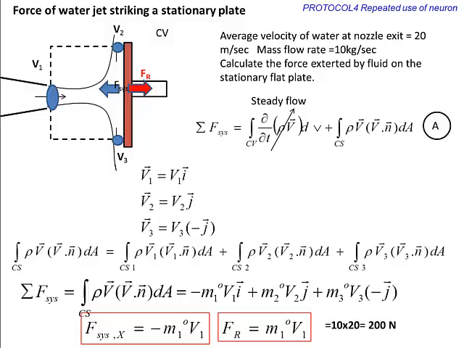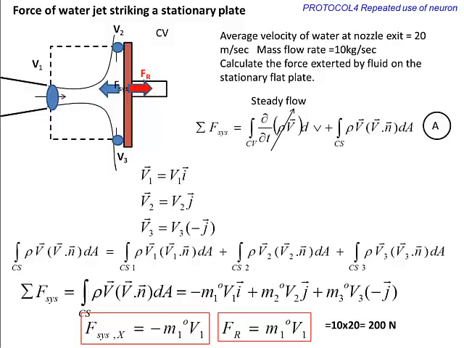The y component of force will cancel out, assuming that the vertical velocities of flow, v2 and v3, are the same but opposite in direction. Therefore, the reactive force acting on the plate will be in the positive x direction. The magnitude of force exerted by fluid on the surface is m times v1. Using this equation, we can calculate the thrust developed.